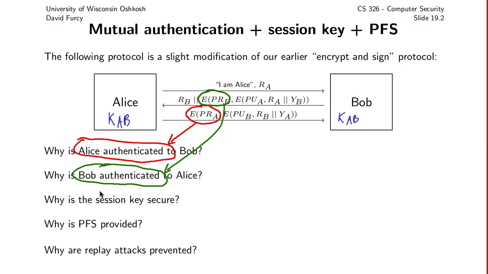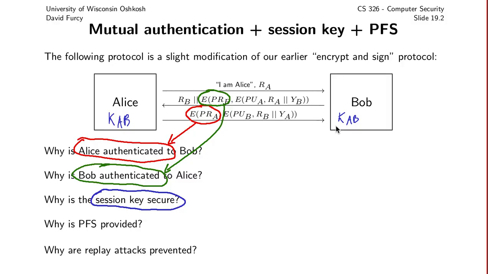So how do we know that the session key is secure? Remember, the session key is K_AB, and we want to make sure that nobody else is allowed to access it besides Alice and Bob. Well, here you could answer maybe two different things.